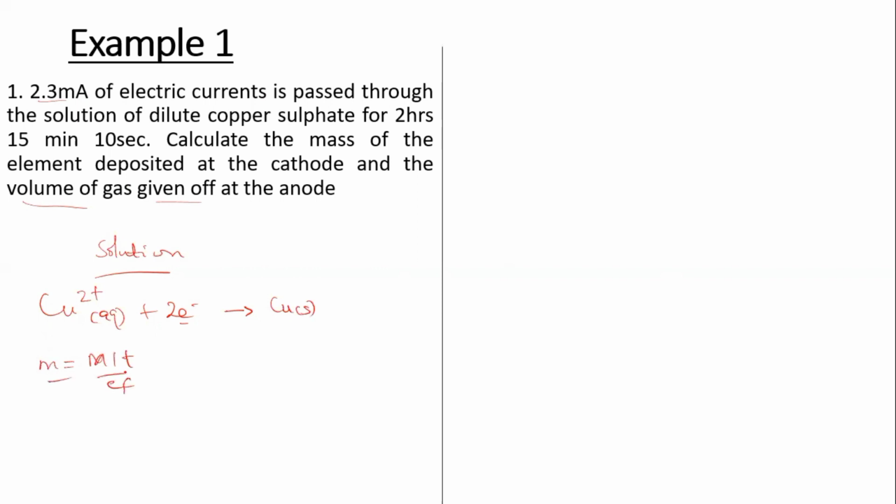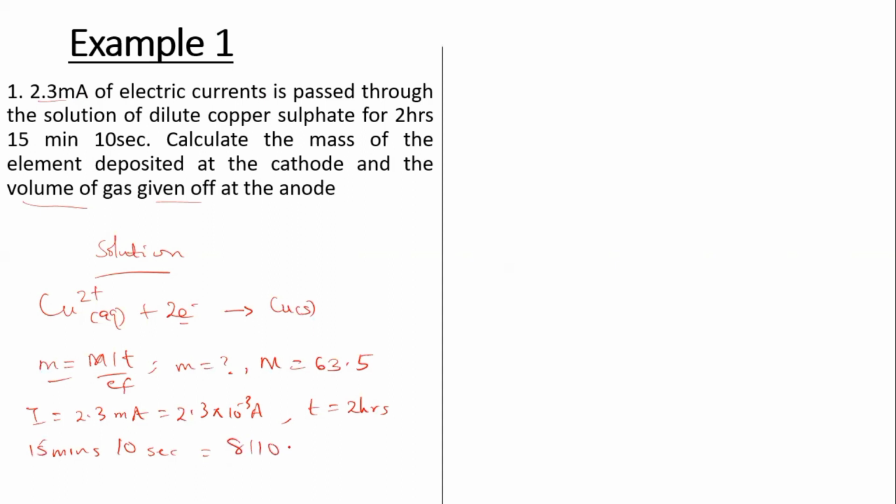This small letter M is the question, the atomic mass of copper is usually 63.5 or 64, and I is 2.3 milliamperes, which is actually 2.3 times 10 raised to the power minus 3 amperes. And the time, which is 2 hours, 15 minutes, 10 seconds, when you convert that to seconds, of course, that's going to give you 8110 seconds.